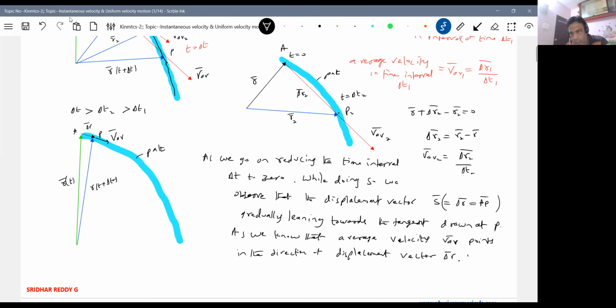Therefore, hence V average bar will be tangential to the path when delta t tends to 0. This is something very, very important.